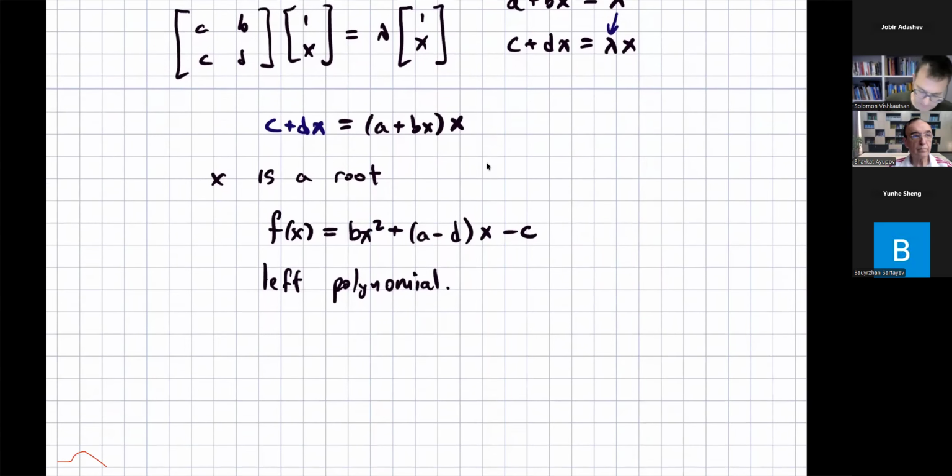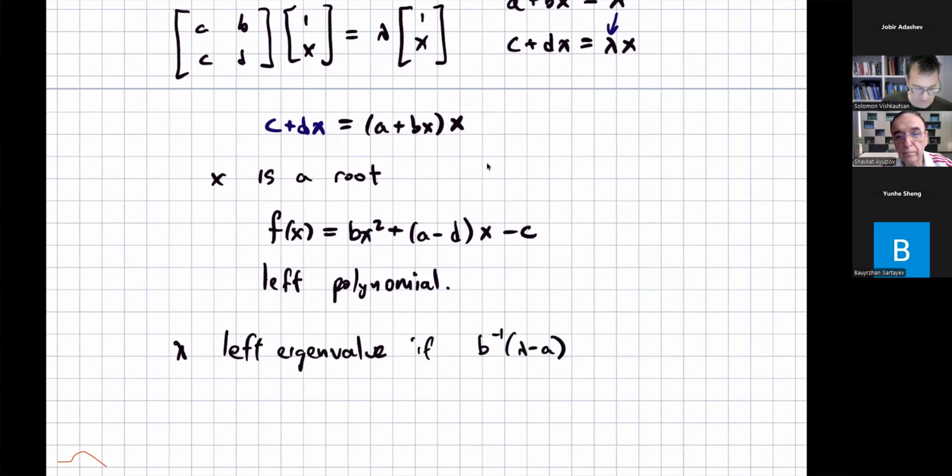Okay, so we have this condition that lambda is a left eigenvalue if b minus 1 lambda minus a is a root of f.